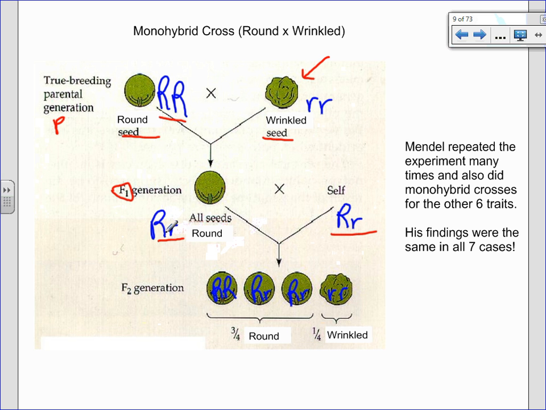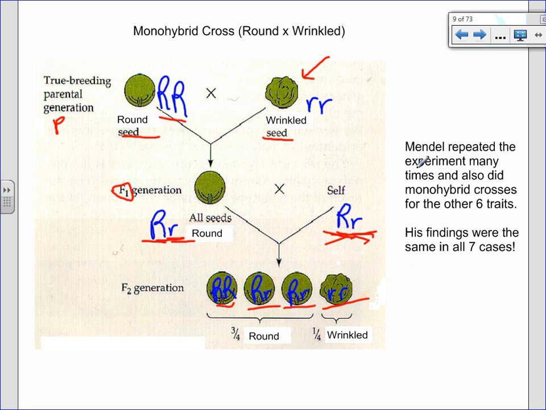Again, the parent on the left could give a big R, and the one on the right can give a big R to give big R, big R. The one on the left can give a big R, and the one on the right can give little r to give big R, little r. The one on the left can give little r, the one on the right can give its big R, and that gives us another big R, little r. And then the last possible combination would be a little r and a little r to give us the one wrinkled. So again, a phenotypic ratio would be 3 round to 1 wrinkled.